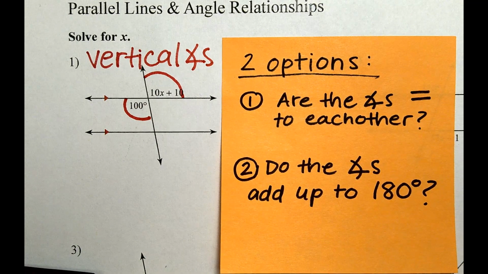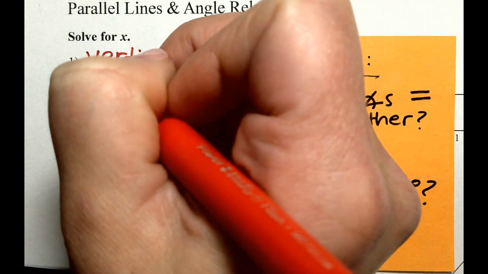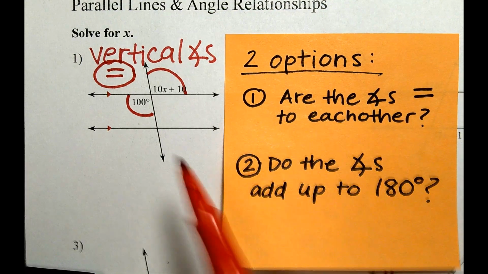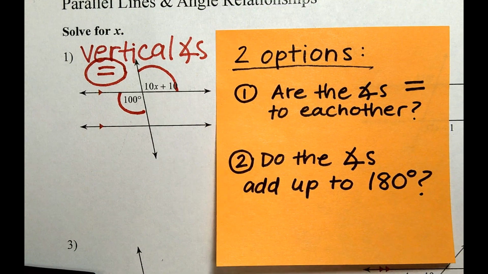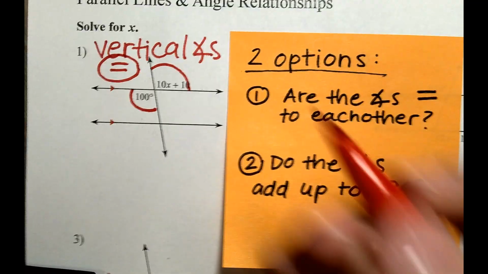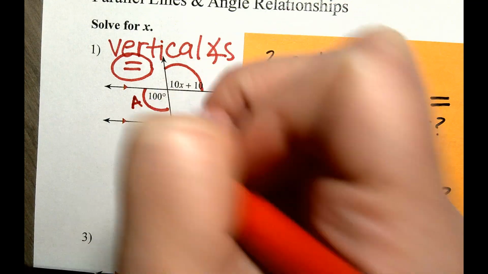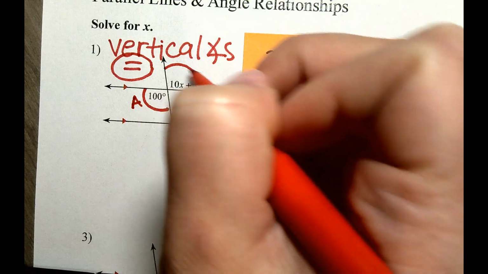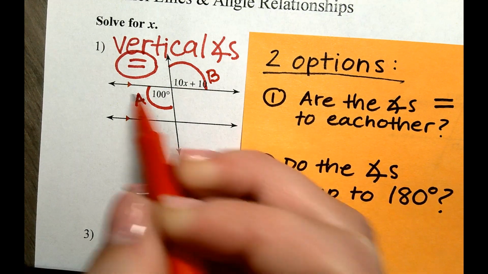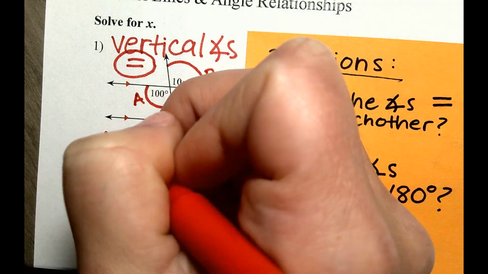And vertical angles are always equal to each other. Angles right across from each other are vertical angles, and they're equal. So if I say that the 100-degree angle is A and the other one is B, I know that A is equal to B.